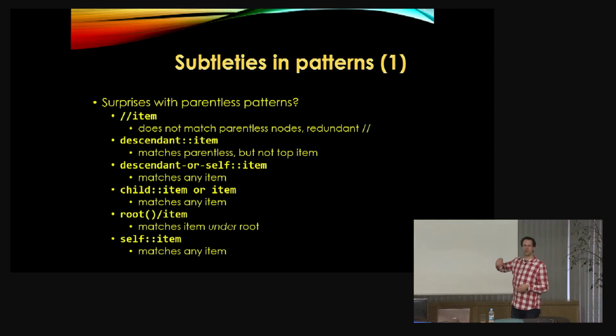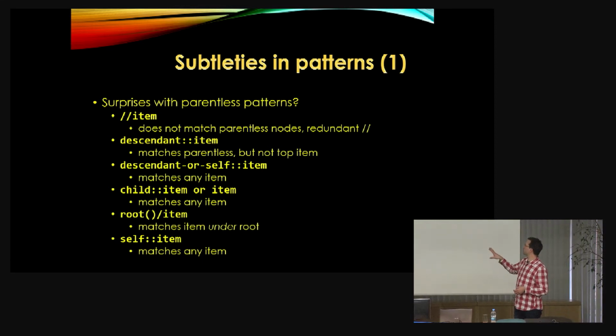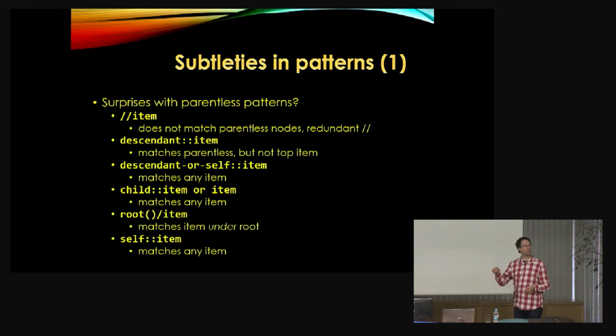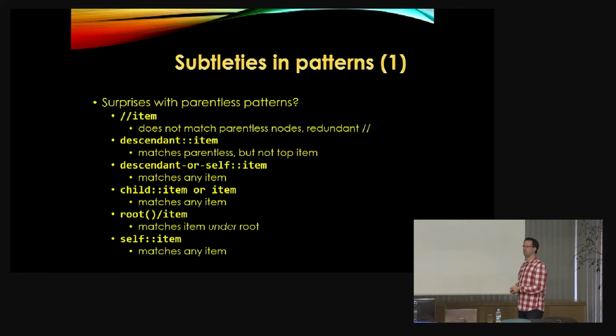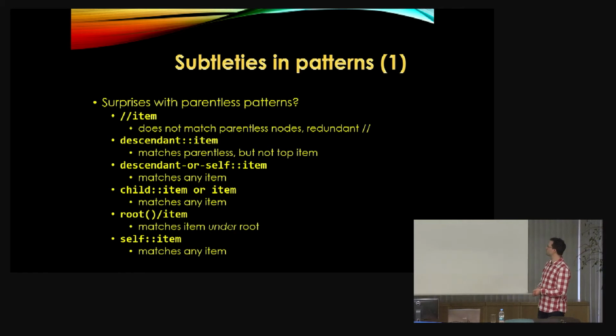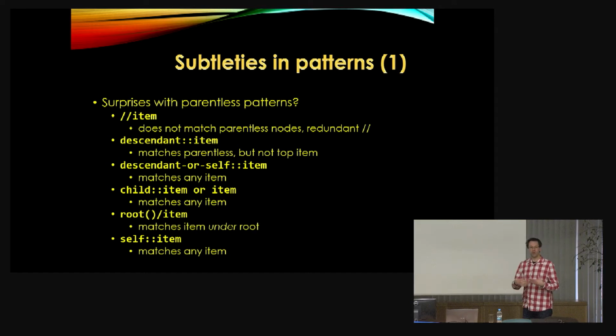So we saw /item. It does not match parentless nodes, and the / is basically redundant. If you remove it, the processor will allow that only item can be matched against a parentless element. Descendant item does match parentless item, but it would not work in the previous example that we saw because it has to be a descendant, and the top nodes in that sequence of items did not have a parent.